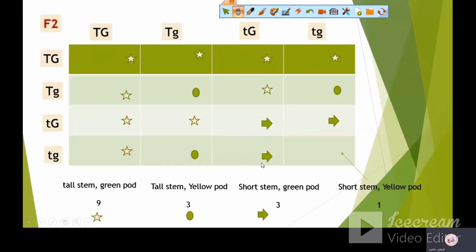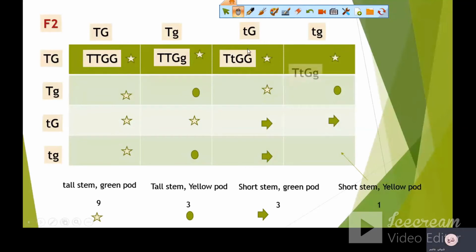Let's complete this table. The first one is T capital, T capital, G capital, G capital. The second one, T capital, T capital, G capital, G small. The third one is T capital, T small, G capital, G capital.